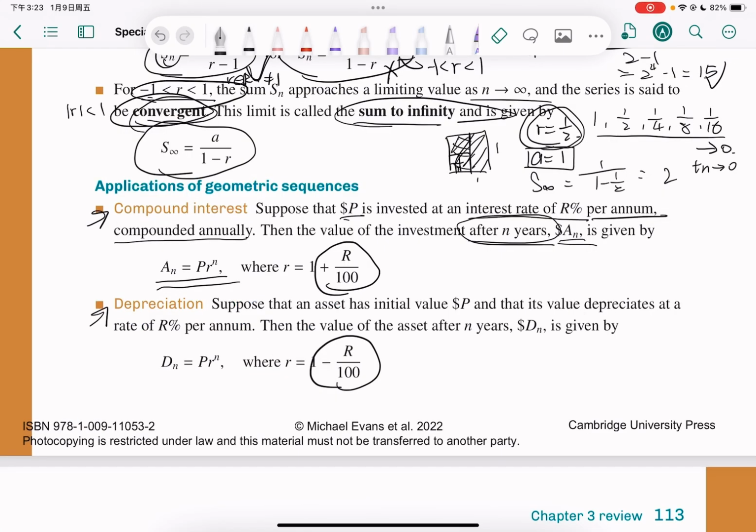So how do we understand compound interest? It means the interest is earned on both the original amount and the accumulated interest. So every year we have interest, and the next year the interest is on both the original amount and the previous year's interest. So we can conclude it as interest on interest.